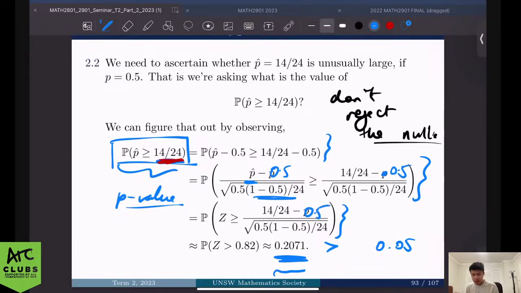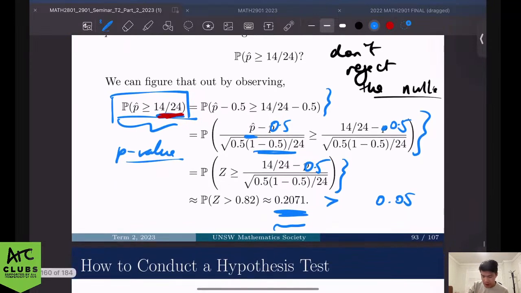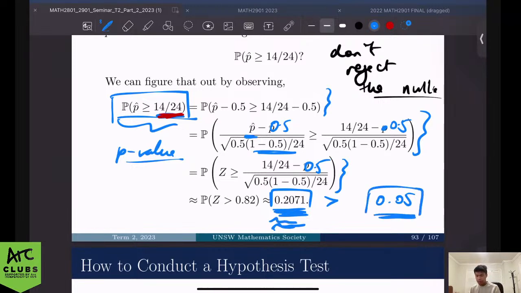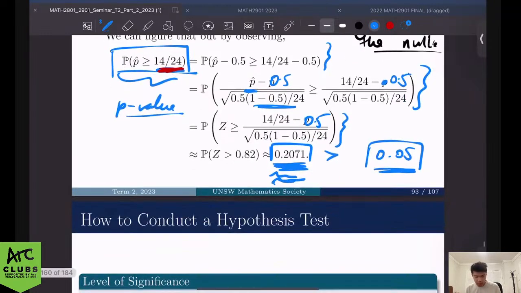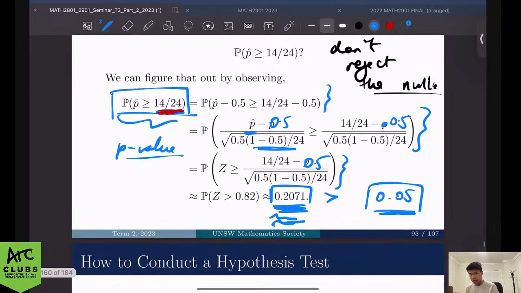And it turns out that this random variable only becomes that big like 20% of the time. So it's not too big, because this probability is larger than our significance level. And so you don't have to reject. Cool. It's a good question because it alludes to something called a rejection region, which we'll talk about later. And that does involve comparing two numbers, but we'll see how that goes.